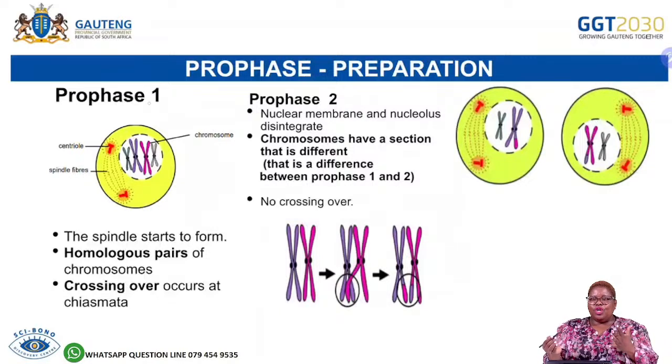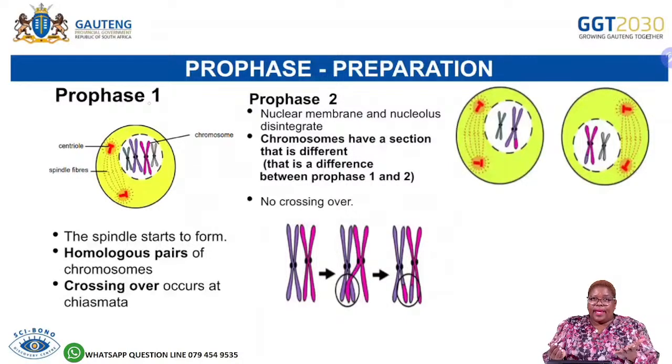Maybe you can use 2 papers. You draw meiosis 1 here: prophase 1, metaphase 1, anaphase 1, telophase 1. On the other page, you draw prophase 2, metaphase 2, anaphase 2, telophase 2.